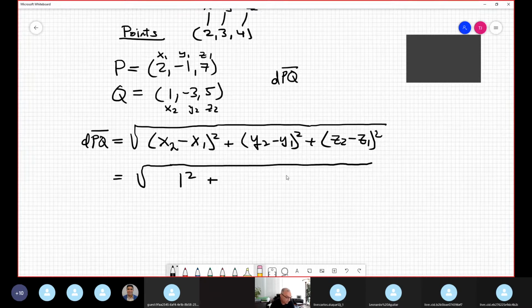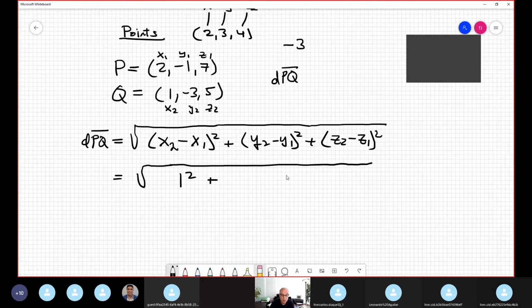Plus subtracting the y. The y is from -3 to -1, is 2, no? Wait. -3, so it's -3 minus, no, wait, this is positive. It's positive. Well, no, it's negative, okay. Subtraction, -3 minus 1 is 2, no?